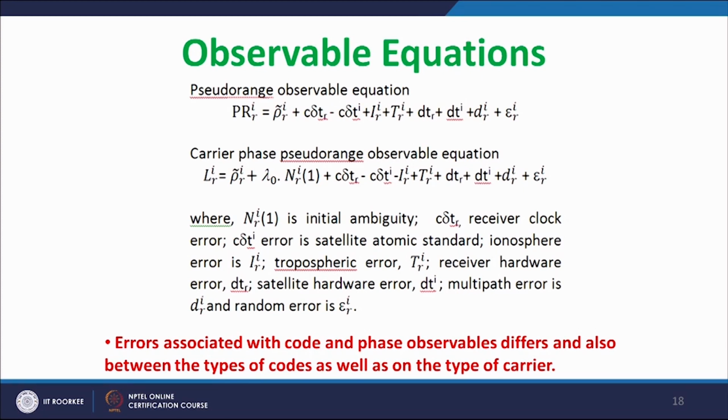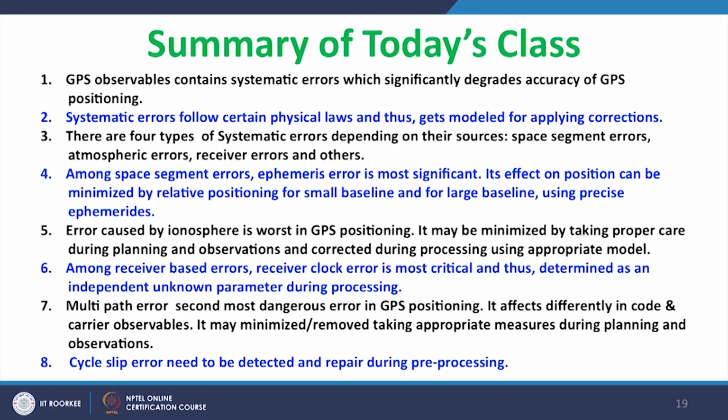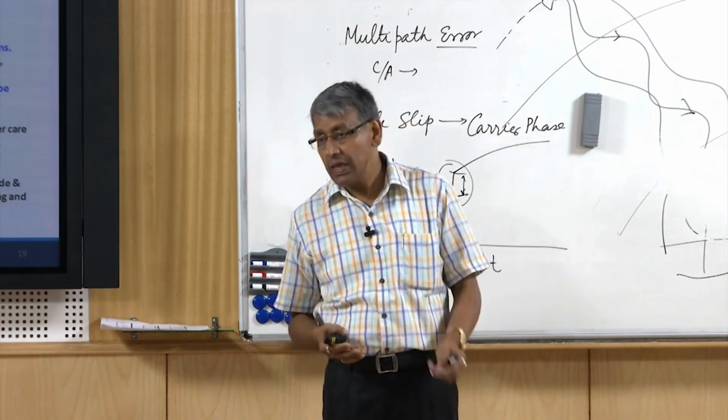So with this I want to conclude today's class, and the summary may be like this. The GPS observable contains many systematic errors. Of these, the most significant and important error is the receiver clock error, which we take as the unknown parameter while computing the GPS positioning, and that is to be done in the beginning itself.